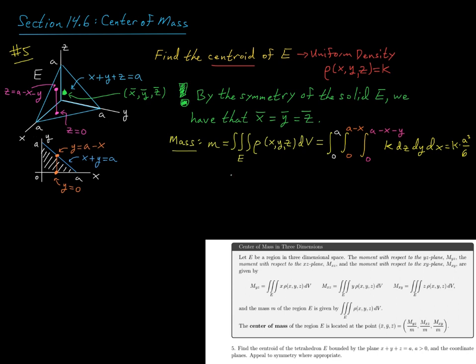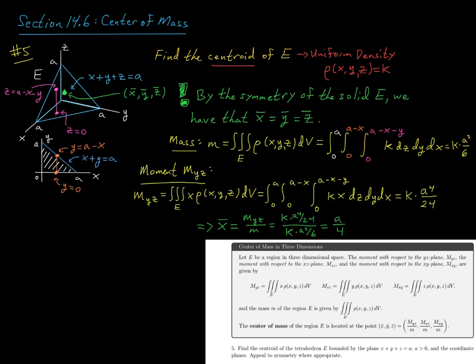All right, so now let's go ahead and compute one of these moments. I really only need one by this symmetry consideration that we already have made. So I'll go ahead and compute the moment about the yz plane. In other words, I'll compute x bar. I think pretty much all the integrals are on equal footing when it comes to difficulty, so there's not really an ideal choice there.